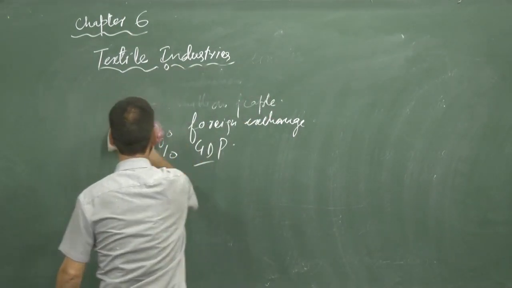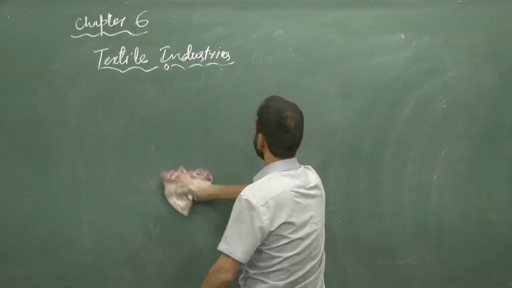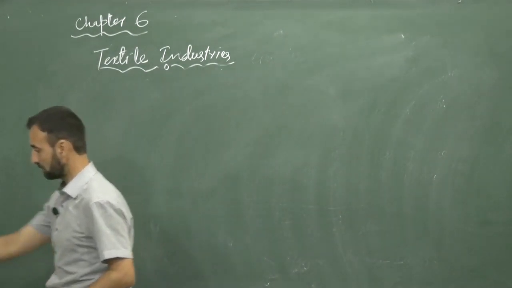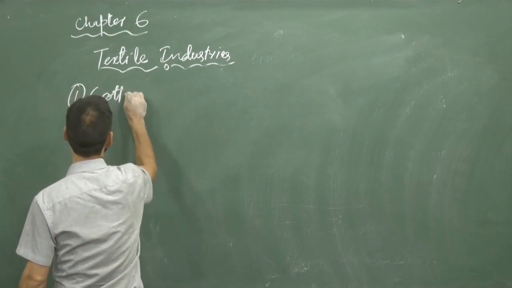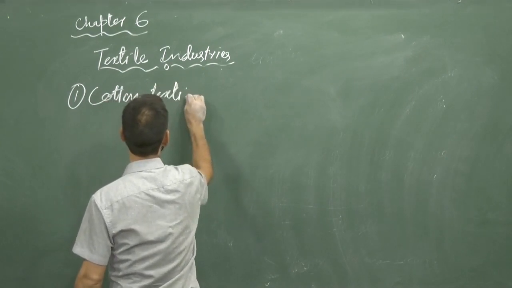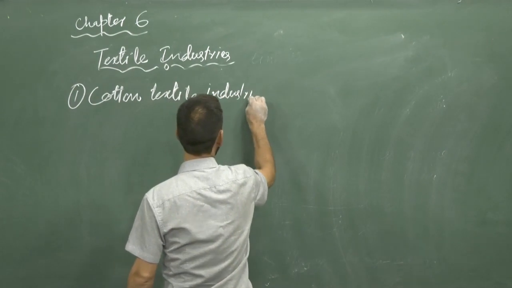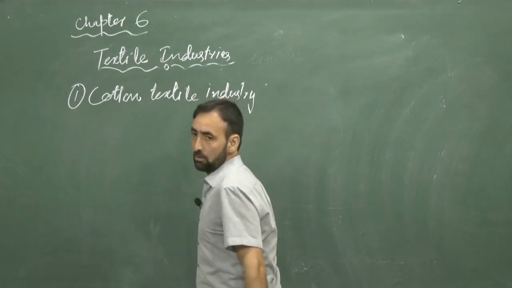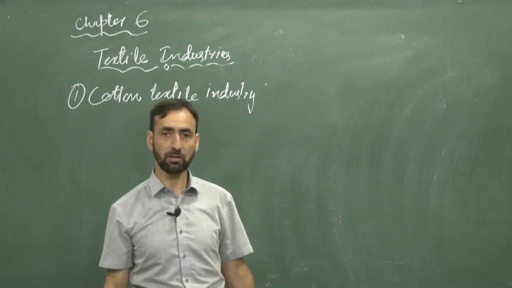Number one is cotton textile industry. Cotton textile industry is that industry in which raw material is cotton.